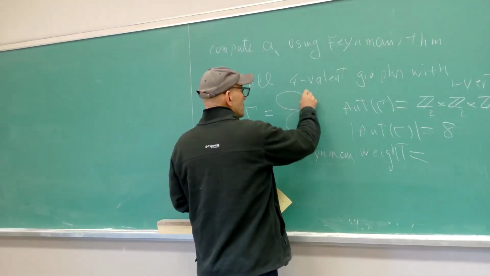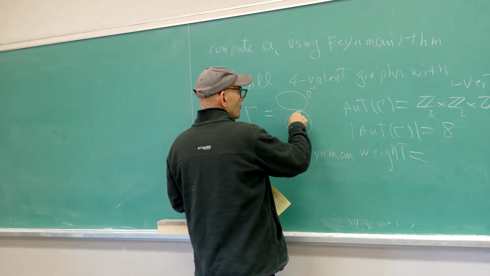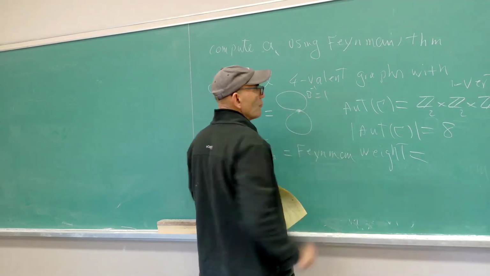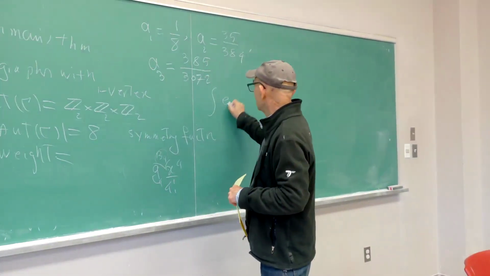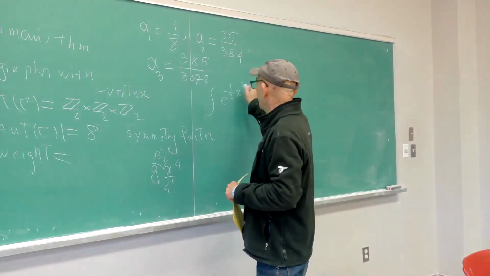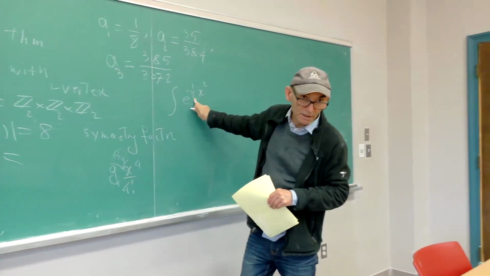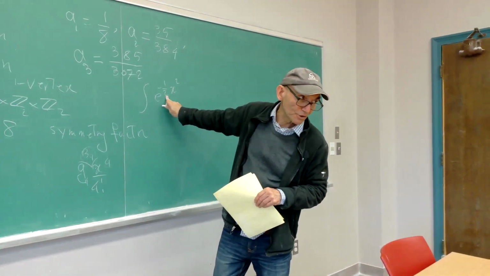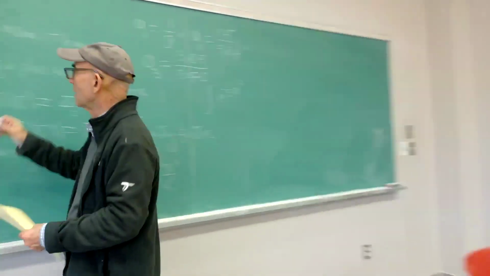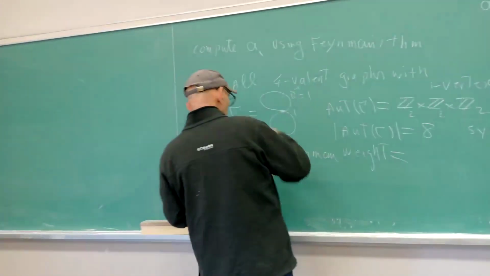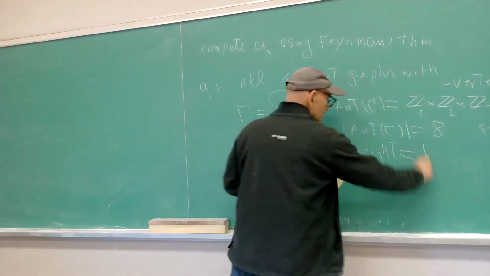So here, what is B inverse? For this vertex, it's also 1, because our integral was like this. The B term here, the quadratic function, just has coefficient 1, so its inverse is also 1. So this is 1, this is 1, gamma is 1.